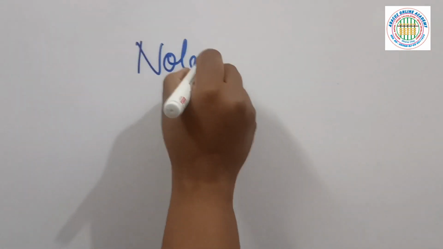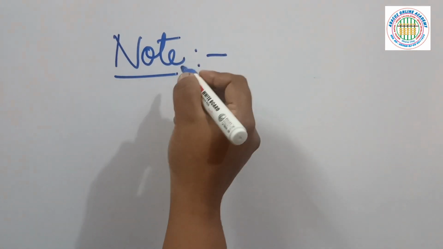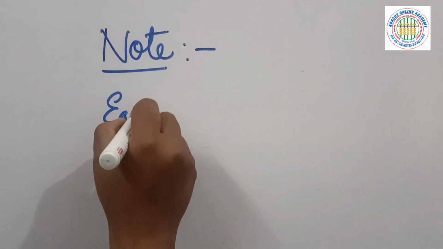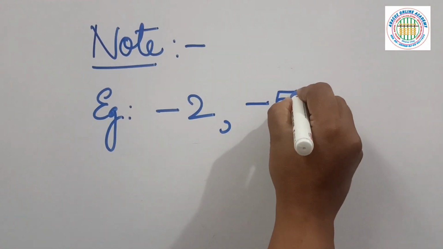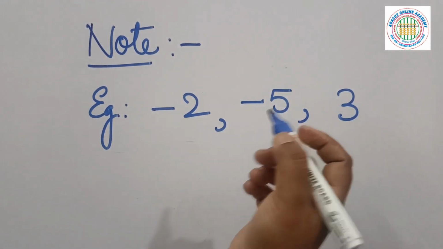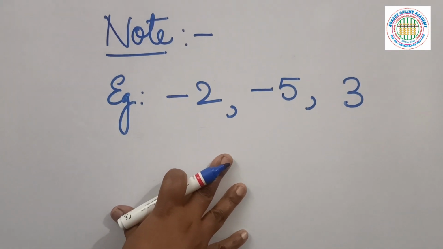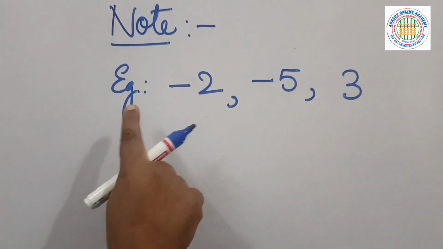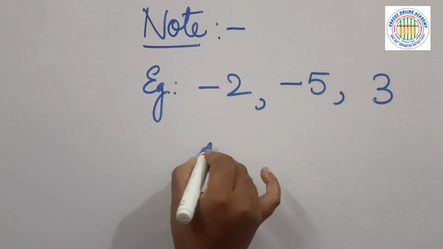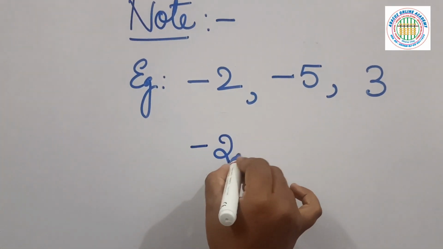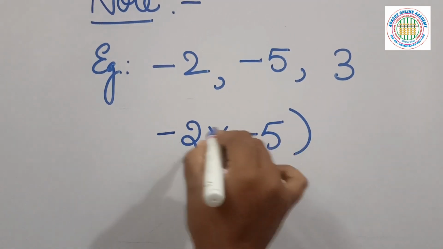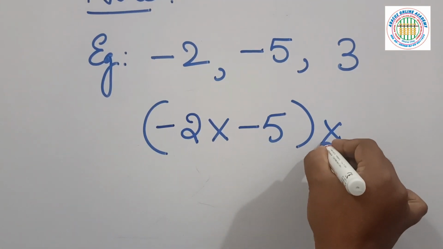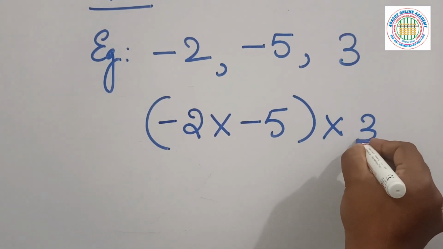Okay, you have to note one thing. Okay, keep this in your mind. For example, minus 2, minus 5 and 3, that is plus 3. Okay, so if I ask you to put this in associative property, how will you solve this question? That is minus 2 into minus 5. Okay, put this in the bracket multiplied by 3.